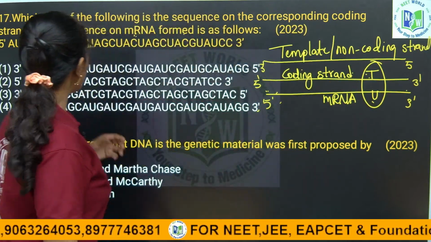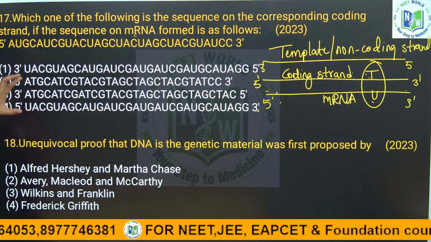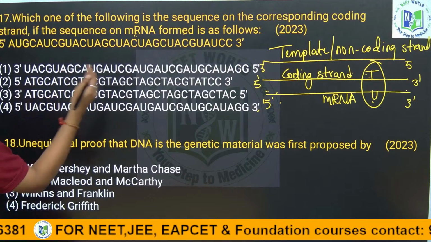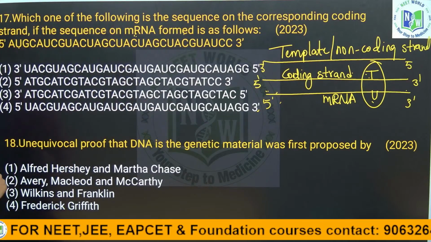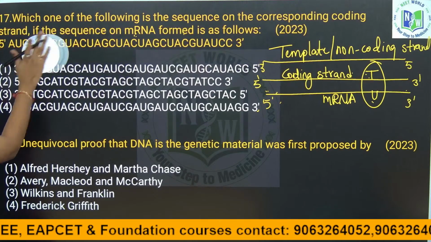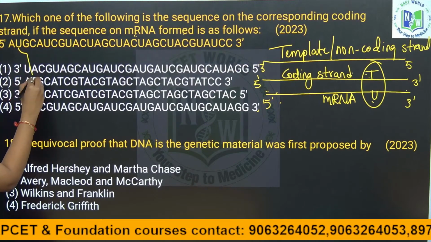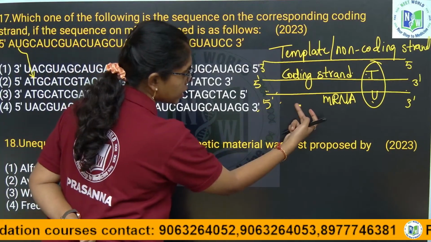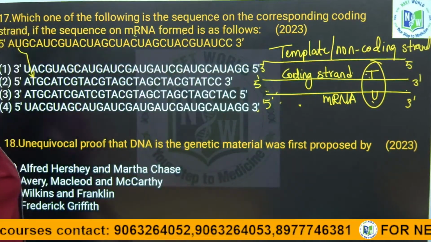So, if you look into the correct sequence of mRNA here, from 5 prime to 3 prime, in the place of U, T will be there. So, in the place of U, T here. AUG, so here ATG, because he has given us the mRNA strand and asking us the coding strand.